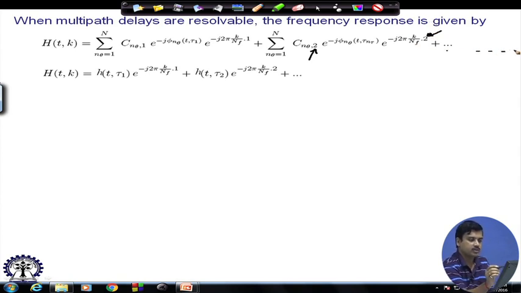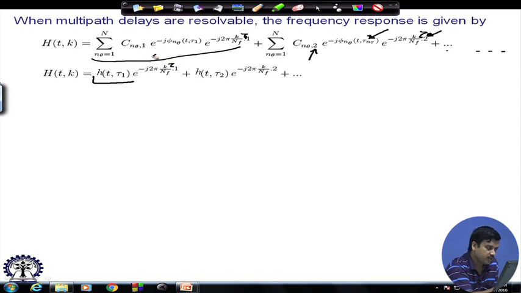Sorry, this is the phase due to the second delay. So, what we would have in turn is h of tau 1, this will be tau 1, this will be tau 2, and so on. So, what we have is h t tau 1 with this expression plus, basically this whole thing gets converted by the Fourier transform here. This is due to the second set of delays.